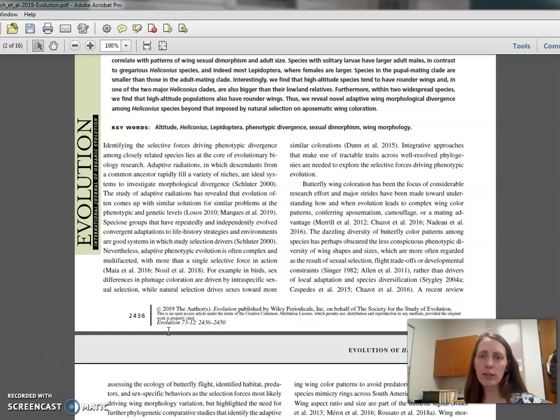So reading the introduction from start to finish should give you a good understanding of the scientific context that the study is in, which is going to then help you understand the implications of the results, what the results mean in a larger context. All right, so this you're reading start to finish.